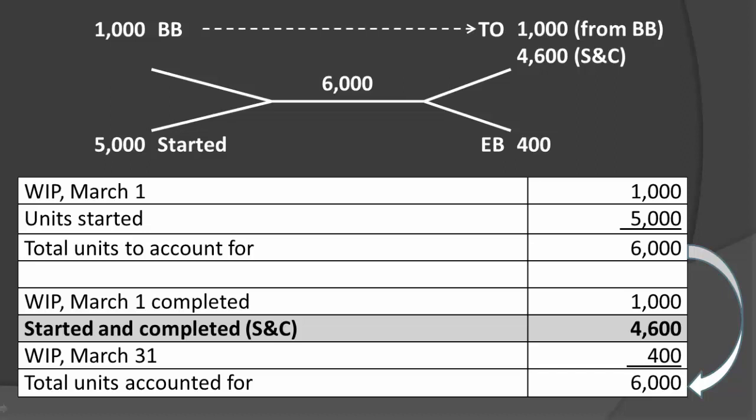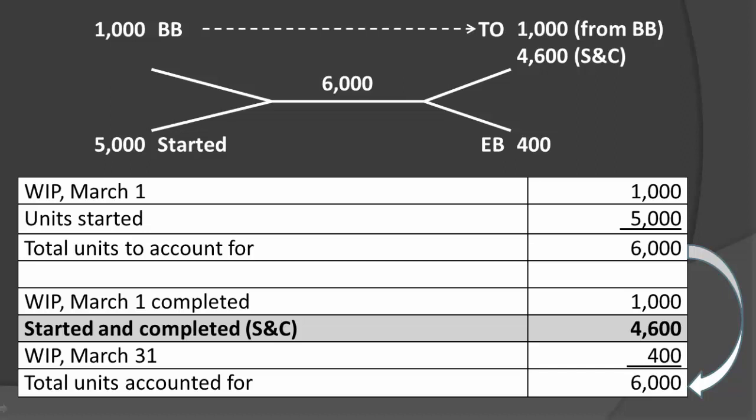This means that we need to consider the costs associated with 3 different kinds of units on the output side. Units that were started last period and finished this period, that was our 1,000 units, and units that were started and finished during this period, that was the 4,600 units, and units that were started this period but not finished.